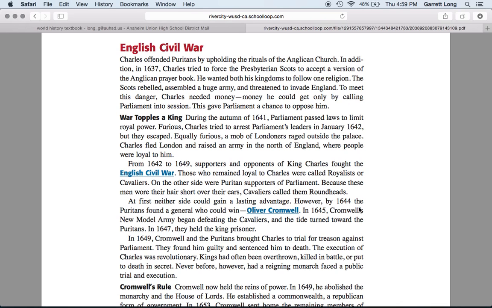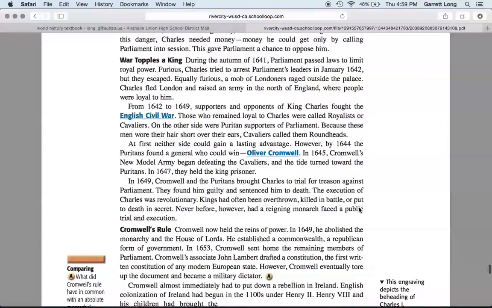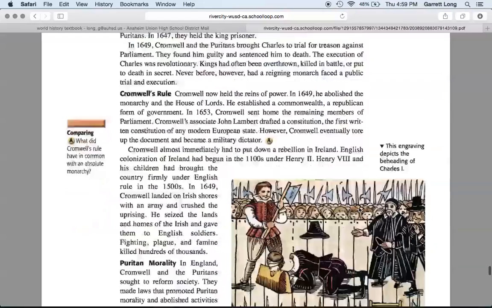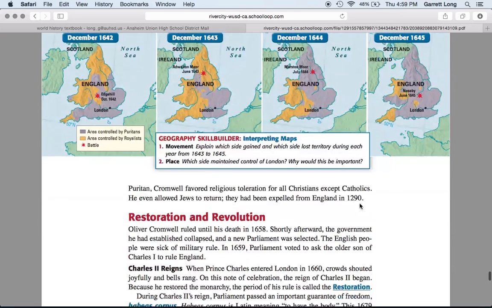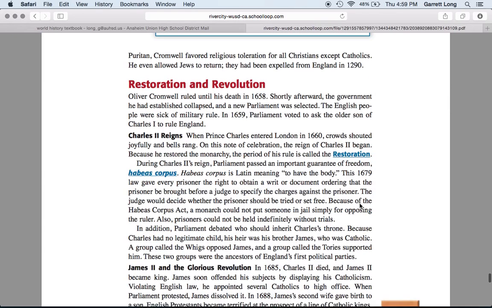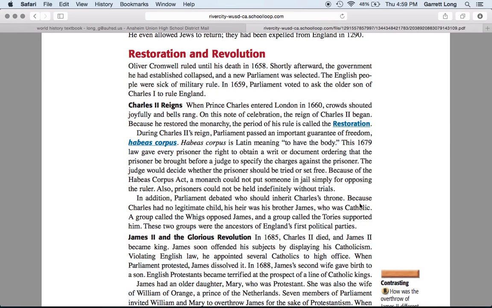A dictatorship is almost worse than a monarchy. So England wanted their king or queen back. They wanted a monarchy again. And they were desperate. So Parliament finds Charles II. And Charles II is Charles I's son.